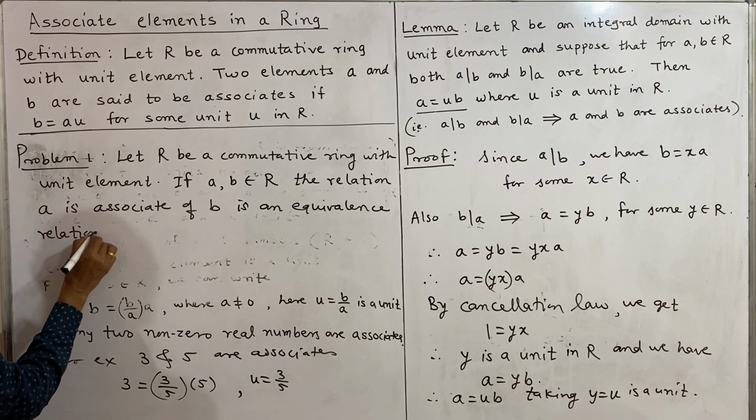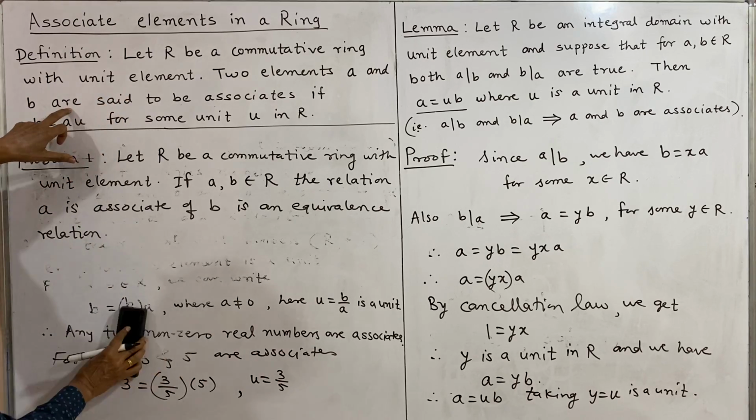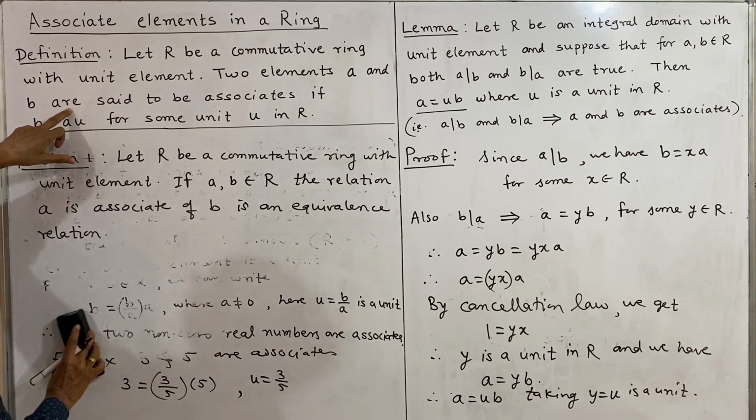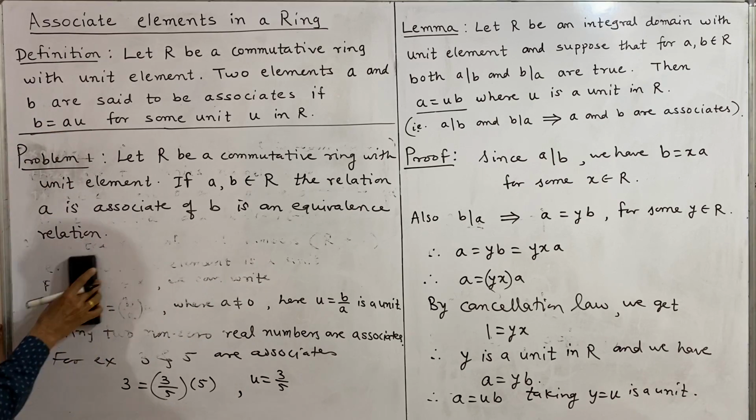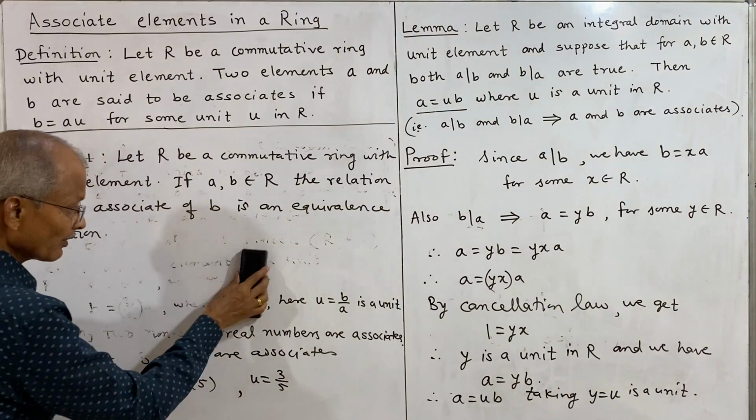This we shall prove, and we have written the definition here: A and B are said to be associates if B is equal to A into U. And this relation we want to prove is an equivalence relation.